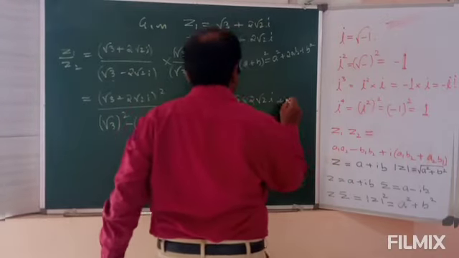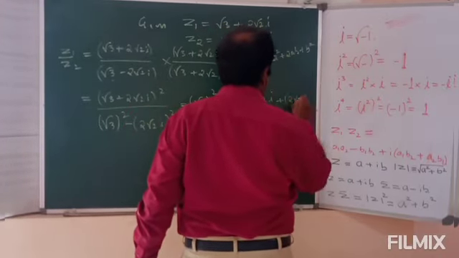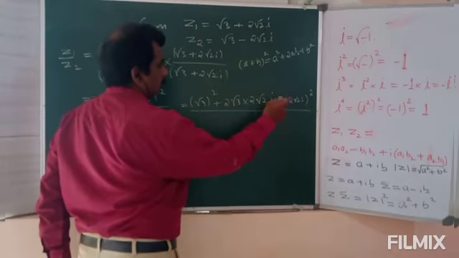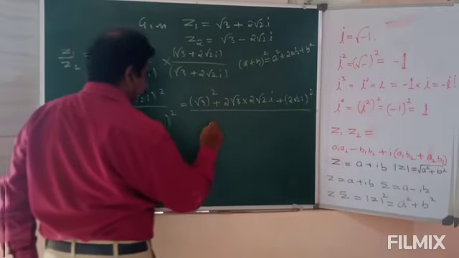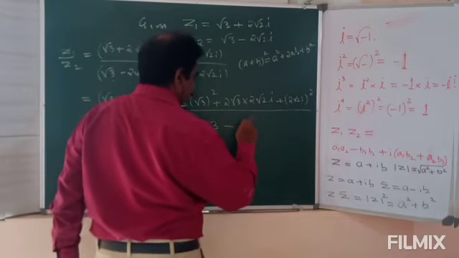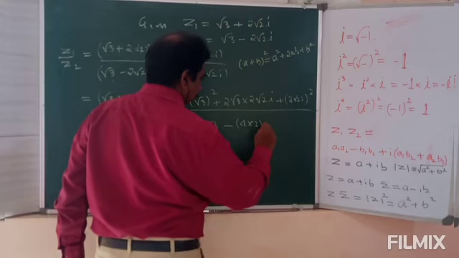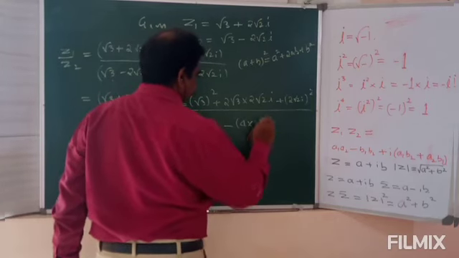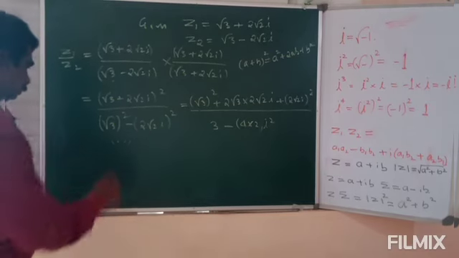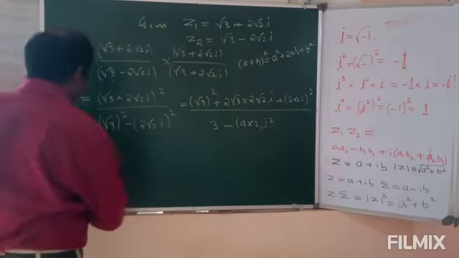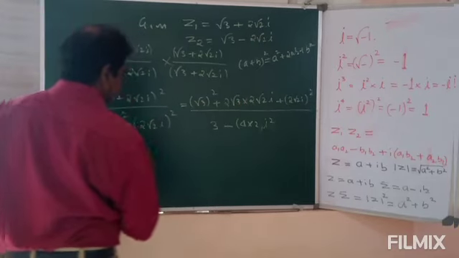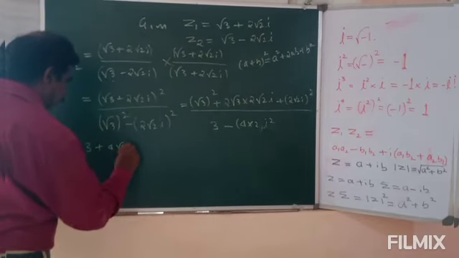Plus 2 root 2i whole square, divided by root 3 square, which is 3, minus 2 root 2 square, which is 4 into 2 into i square. Now simplify. Root 3 square is 3, plus 2 into 2 is 4, 3 into 2, 6, that is 4 root 6i.